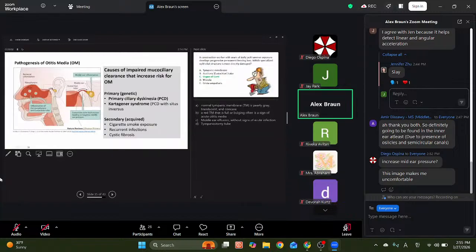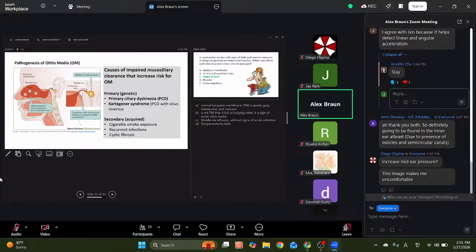Just a little bit more about the pathogenesis of otitis media. Besides cigarette smoking, which I mentioned to you, cystic fibrosis, I did mention to you, causes abnormally thick mucus, and that causes blockage of flow of materials within the auditory tubes.